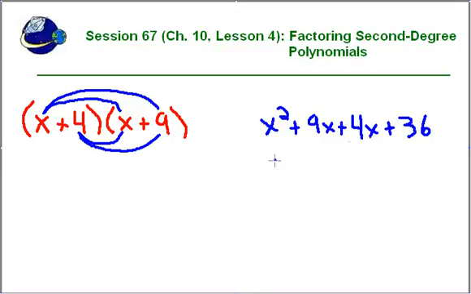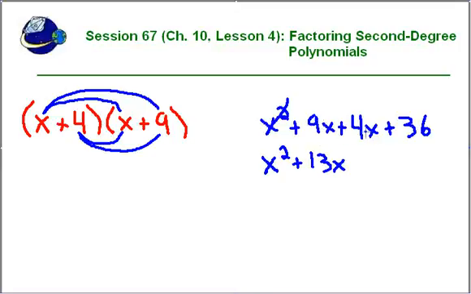To simplify this, we need to combine our monomials that have the same degree. Well, we only have 1 x to the second, so there's nothing to combine it with. That takes care of that. We have a 9x plus a 4x. Both of these have the degree of x to the first, so we can now combine them by simply adding our coefficients. 9 plus 4 is 13.